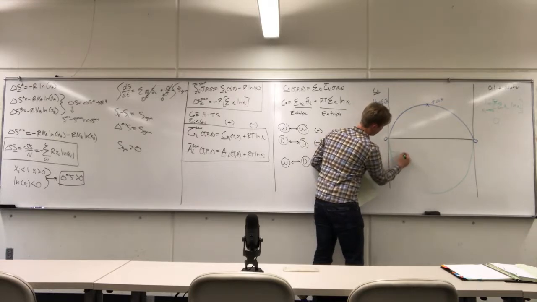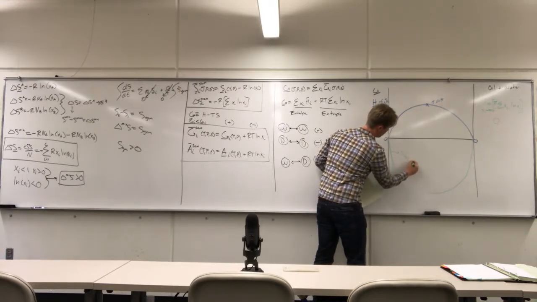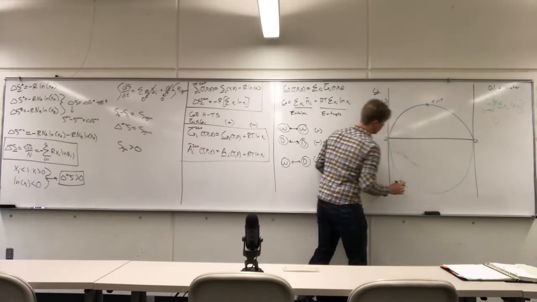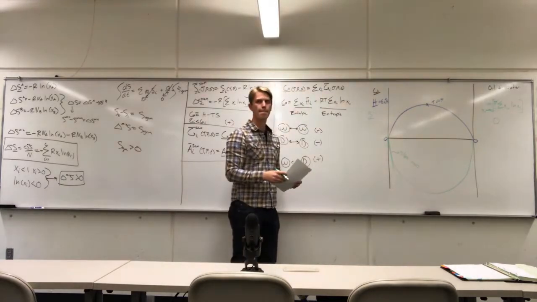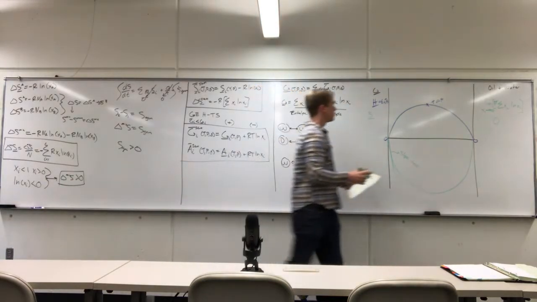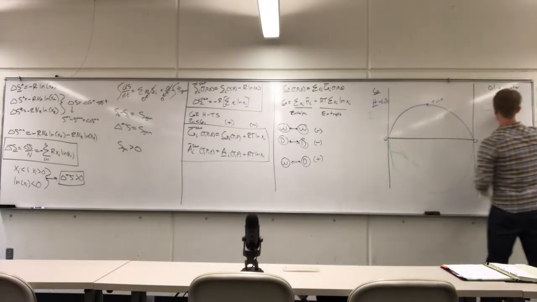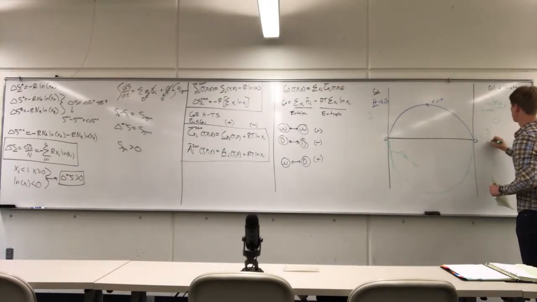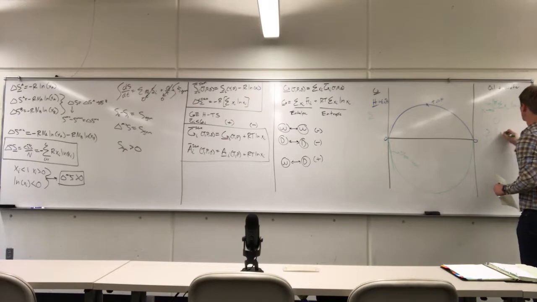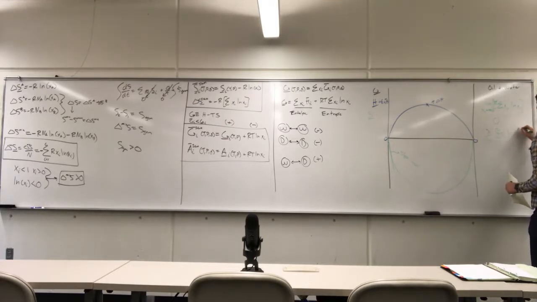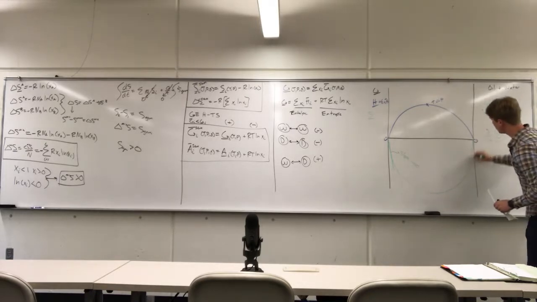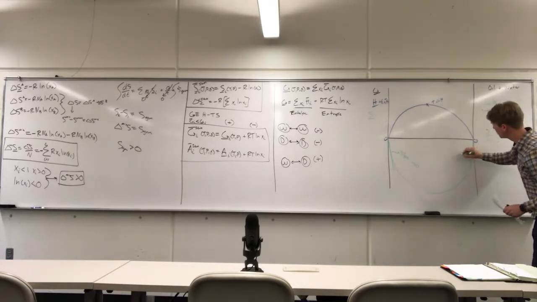The slope approaches negative infinity. If we were to look at the derivative of this here, and likewise over here, the slope approaches positive infinity.